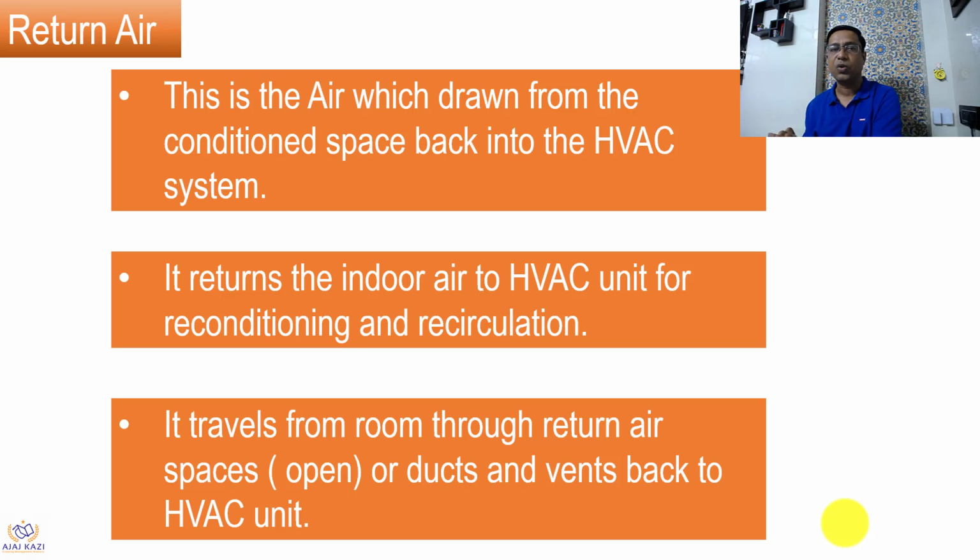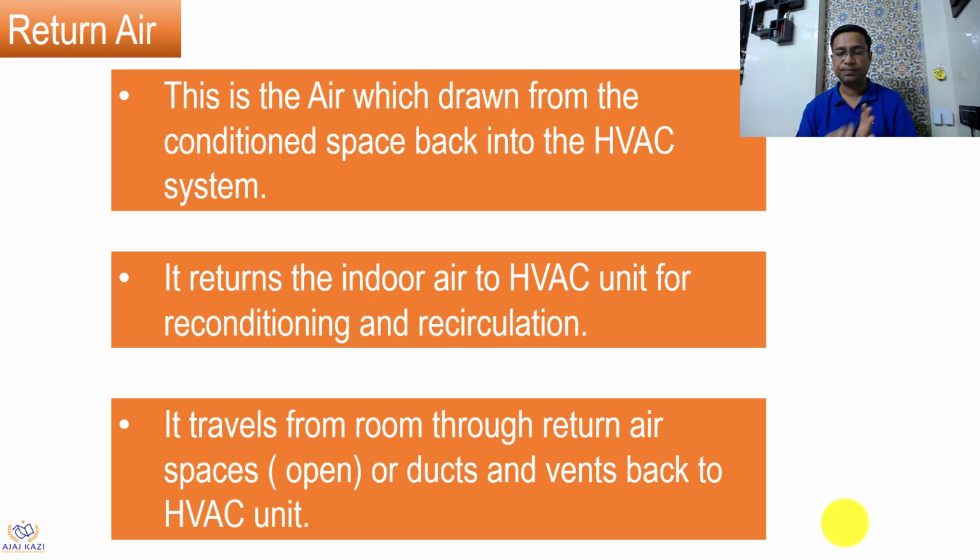It returns the indoor air to the HVAC unit for reconditioning and recirculation. Generally, if there is a false ceiling, it travels from the open space into the false ceiling, or we create return air ducts. With the false ceiling, we have to create some vents so that the return is picked up either through the duct or through the open ceiling back to the unit.